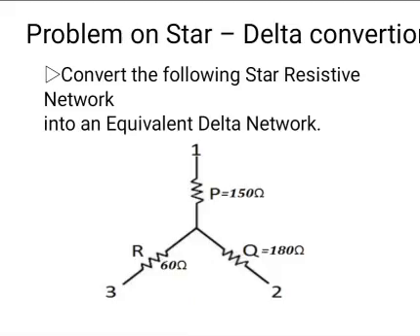Problem 1, star to delta conversions. Convert the following star resistive network into an equivalent delta network. This is the given network.